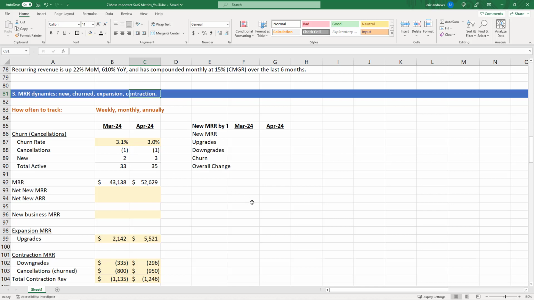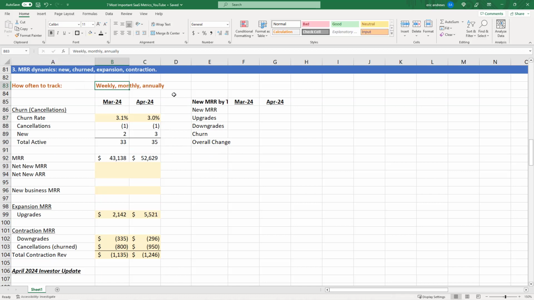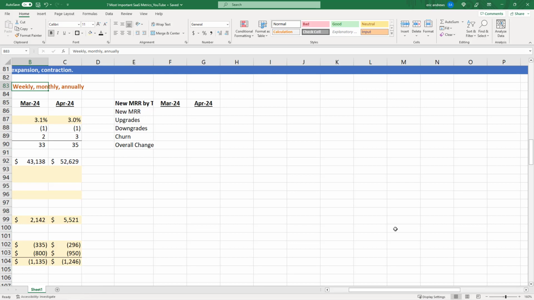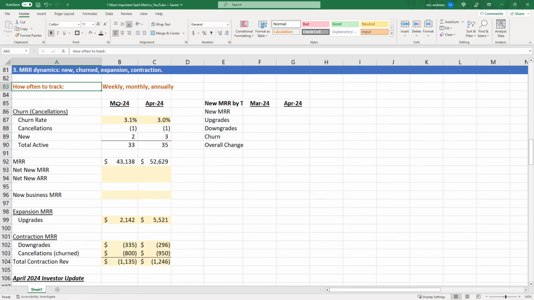So you need to talk about the changes in your MRR by breaking it into these 4 categories so you and investors can really see what's going on. You should track all of these numbers on a monthly basis, and weekly if you're really early stage. First, let's talk about the churn rate.